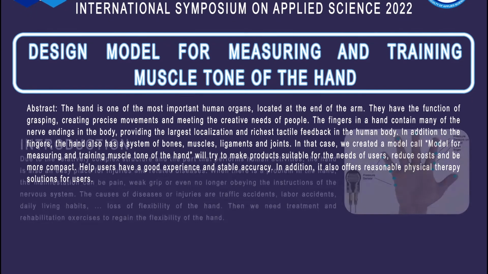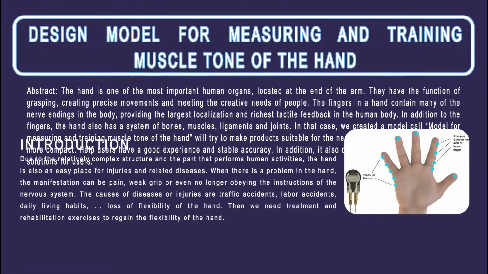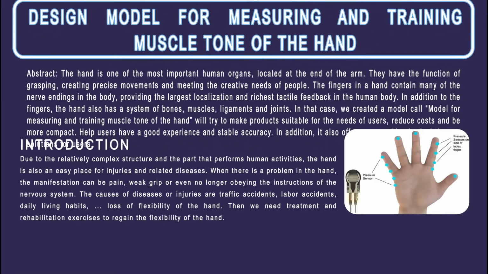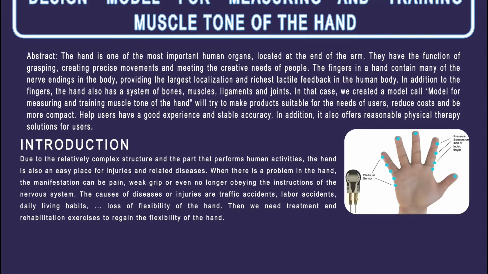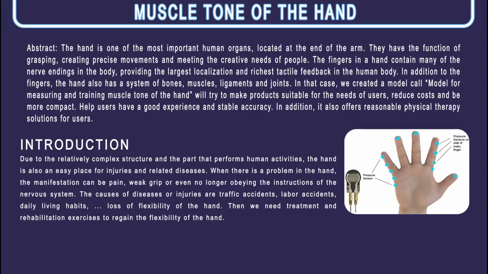Next is the introduction. As we know, due to the relatively complex structure and the part that performs human activities, the hand is also an easy place for injuries and related diseases. When there is a problem in the hand, the manifestation can be pain, weak grip, or even no longer obeying the instructions of the nervous system.